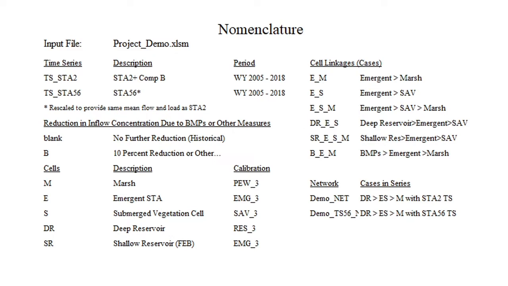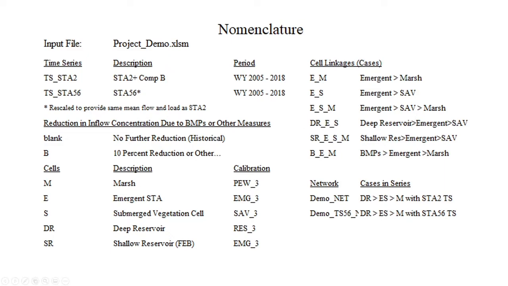The purpose of that is to show the effect of the basin flow dynamics on the simulated performance. I've also added a couple of cases with a B in front of it, and that means that I reduced the inflow concentration by 10%, and that can be easily adjusted to reflect effects of upstream control measures, or BMPs.